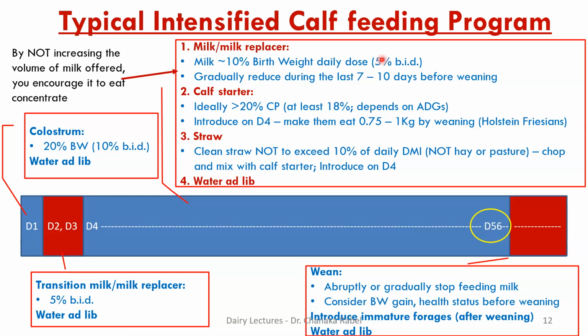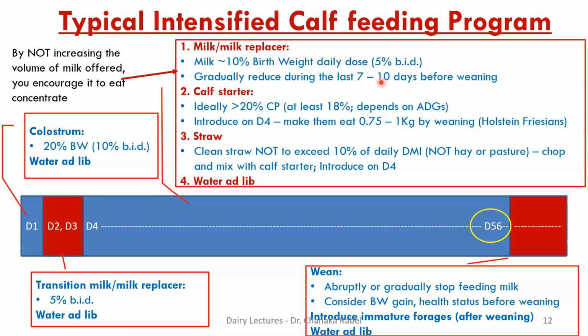So you can play around with that. The only reason you do that gradually is to minimize the stress at weaning. Otherwise, the calf is expecting 2 liters of milk, morning and evening.